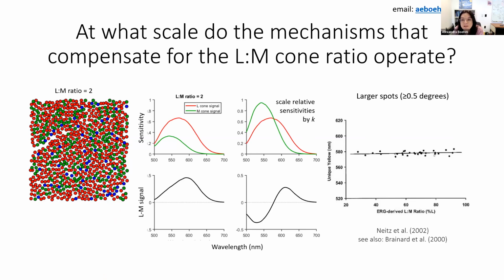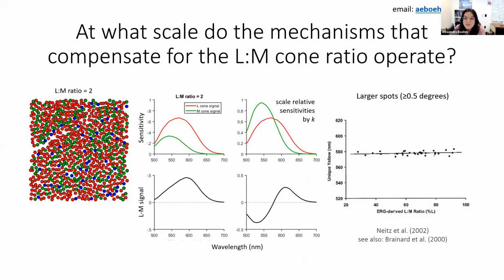And if we assume that we want the comparison of the L and M cone signals to have a zero crossing at unique yellow, or really just any point of red-green equilibrium, we would have to scale down the sensitivity of the L cones by some factor here that we'll call K. L minus M signals that fall above zero would then result in reddish colors, and below zero would result in greenish colors. And importantly here, individuals with different relative numbers of L and M cones would require different scalings or different values of K.